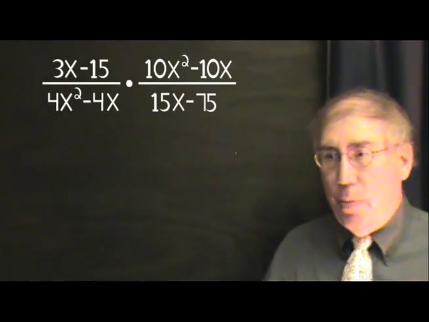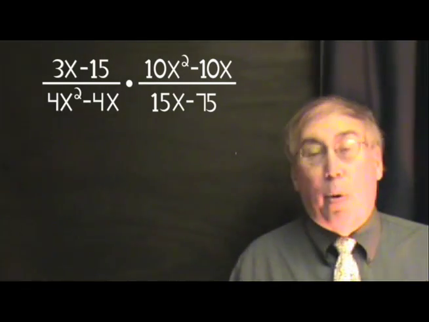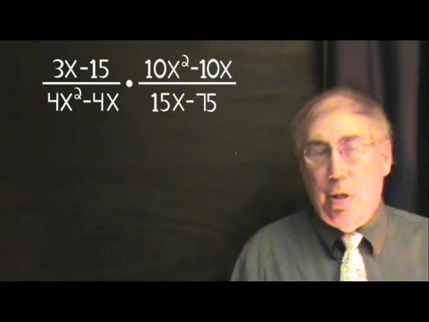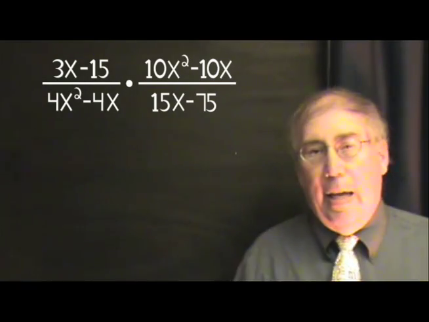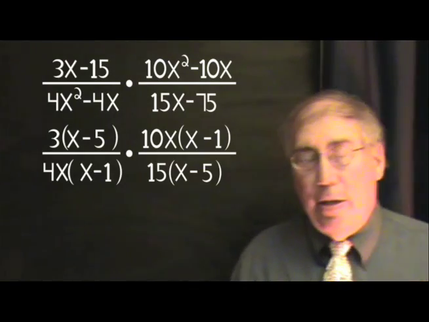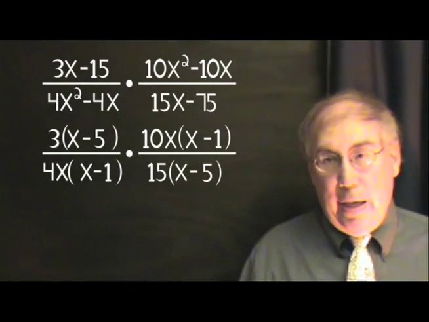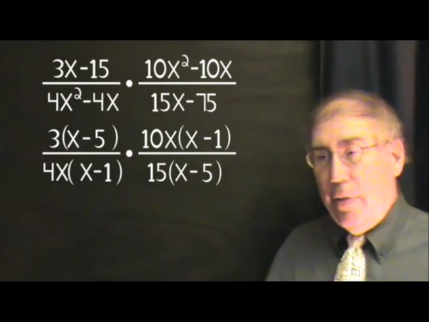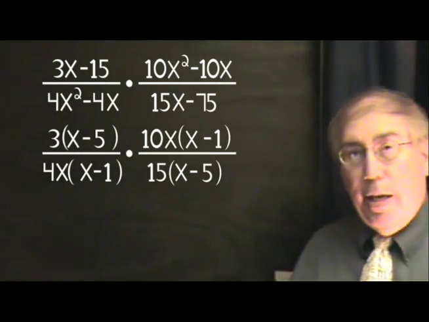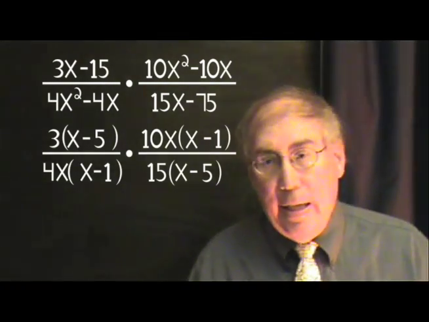So the next one, a little more involved. Looks like we can do a lot of factoring. So let's start with the first fraction here, and we can factor out a 3 from the numerator. And then in the denominator we could factor out a 4x. And then in the second fraction, the numerator we could factor out a 10x. And in the denominator we can factor out a 15.